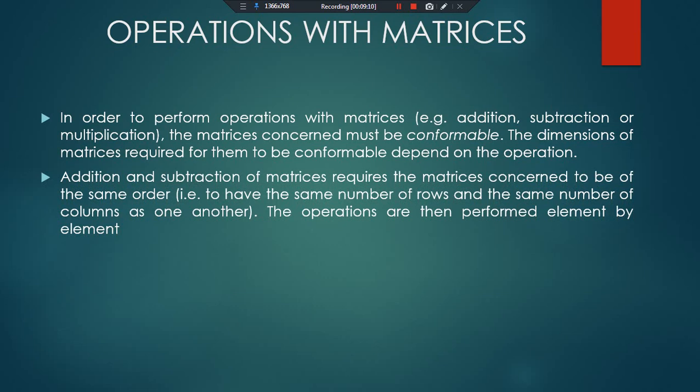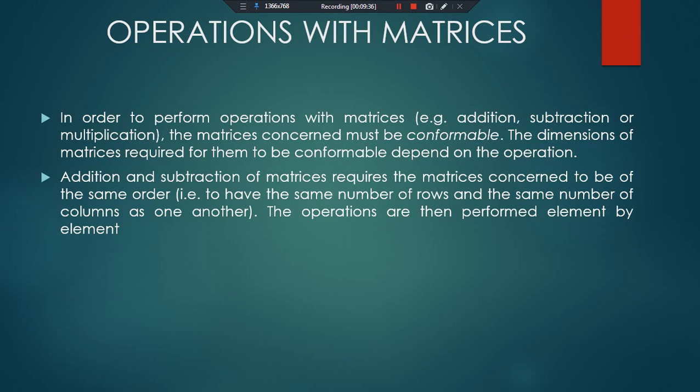Addition and subtraction of matrices require the matrices concerned to be of the same order. If you are adding or subtracting one matrix from another, the main rule is that there must be the same number of rows and the same number of columns for the two matrices.